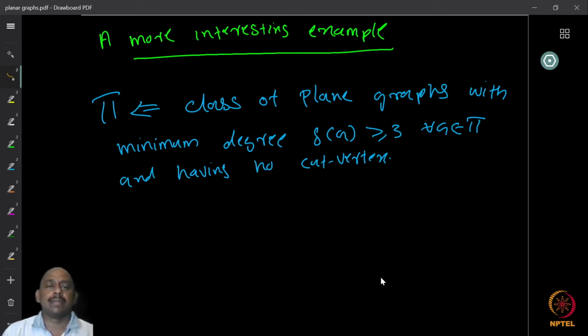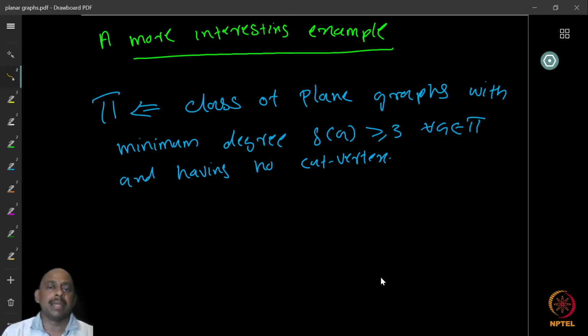Okay. Now let us look at a more interesting example to see what exactly the discharging method is about. So let phi be a class of plane graphs, right? A planar graph with a plane embedding.